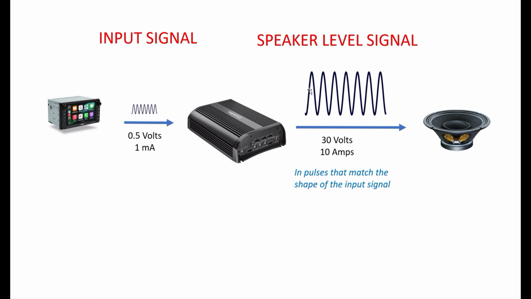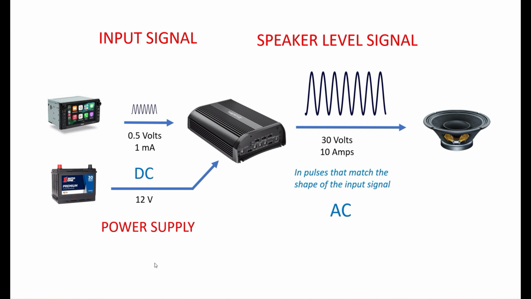It's almost like a little record following the grooves in a record track, right? So that's the second thing an amplifier does. It copies or duplicates the input signal as an output signal for your speakers.